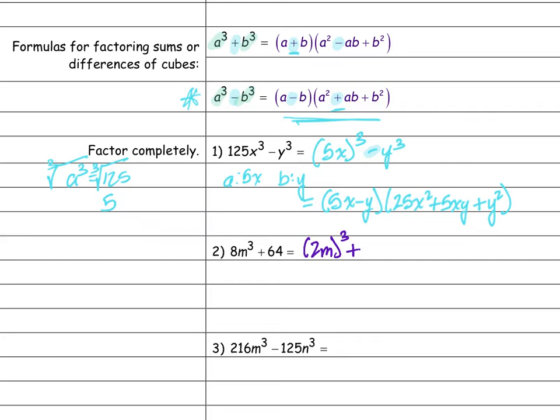I want to write it as a cube because this says, oh, this is the plus. So it's a cubed plus b cubed. So I want to find out what cubed equals 64. Well, that happens to be 4 cubed. 4 cubed equals 64.